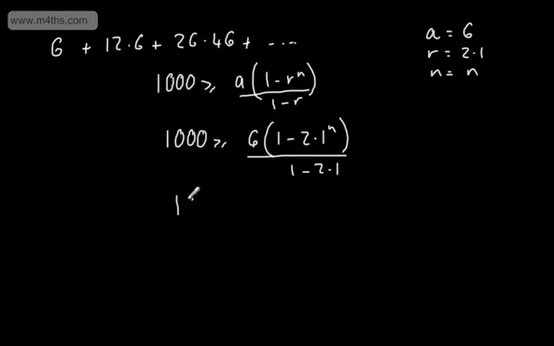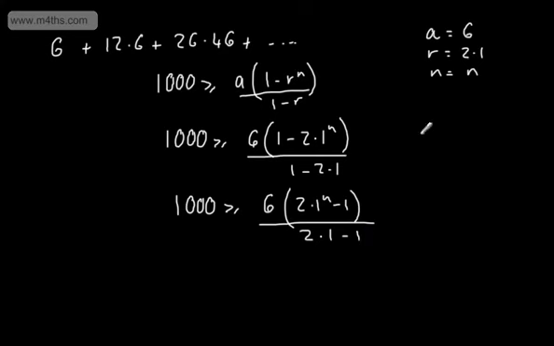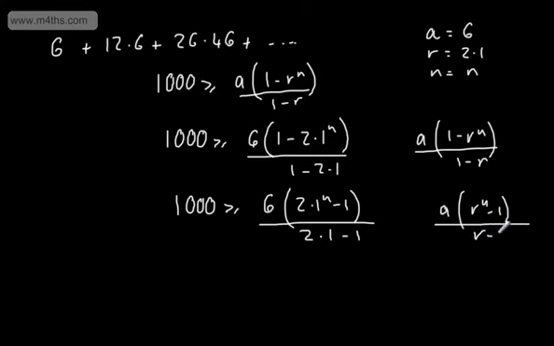What I could do instead is write this out as 1,000 is greater or equal than 6, and then we're going to have 2.1 to the power of n minus 1 over 2.1 minus 1. So what I've used here is a times 1 minus r to the n over 1 minus r, and in this one I've got r to the n minus 1 over r minus 1.